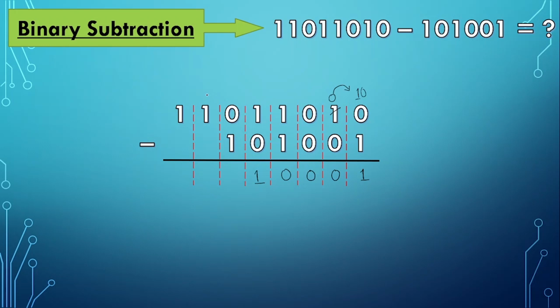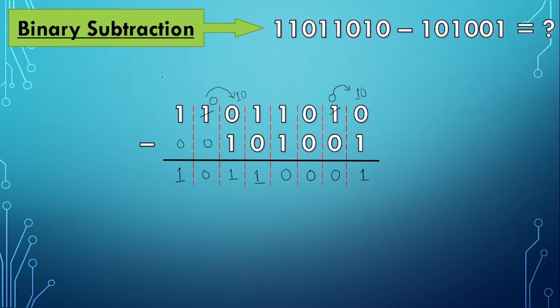So we will take a borrow from the immediate next bit, and that is 10. Now 10 minus 1 is 1, and this 1 has been taken as borrow, so it will become 0. 0 minus 0 is 0, and last 1 minus 0 is 1. So this is how we can perform the binary subtraction.